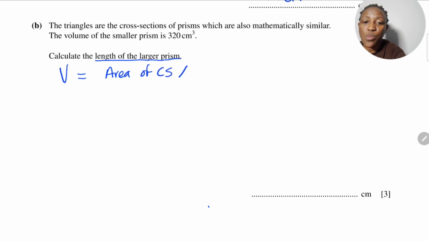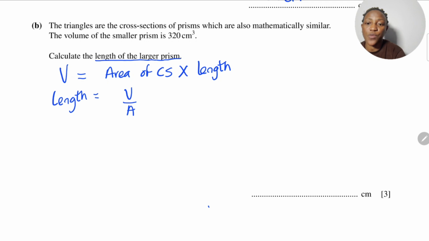So we just established that volume is given by area of cross section multiplied by the length. So the length will be given by volume over area. We've just made length the subject of our formula. So our length for the smaller prism will be what?